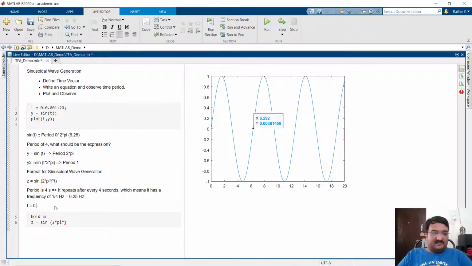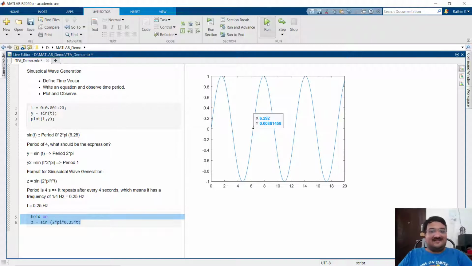I'll write this 0.25 hertz here as it is, and I will put this 0.25 hertz here, which is nothing but your f. Your time vector will remain as it is. Here what you are saying is, I want this particular waveform to get repeated in a period of 4 seconds.